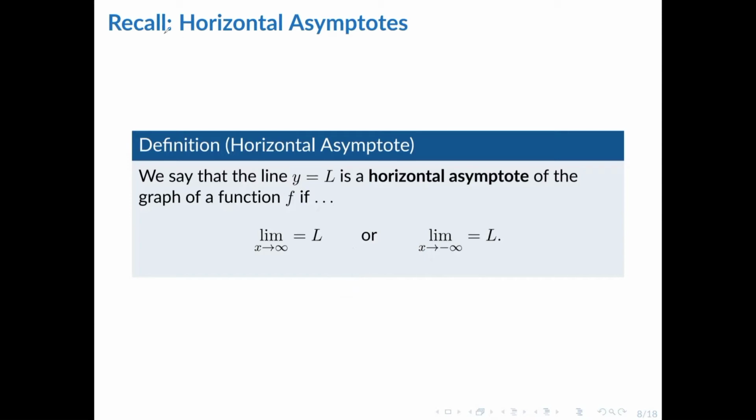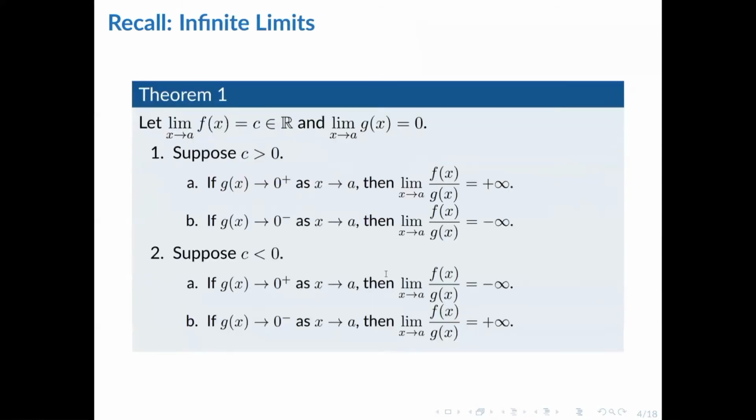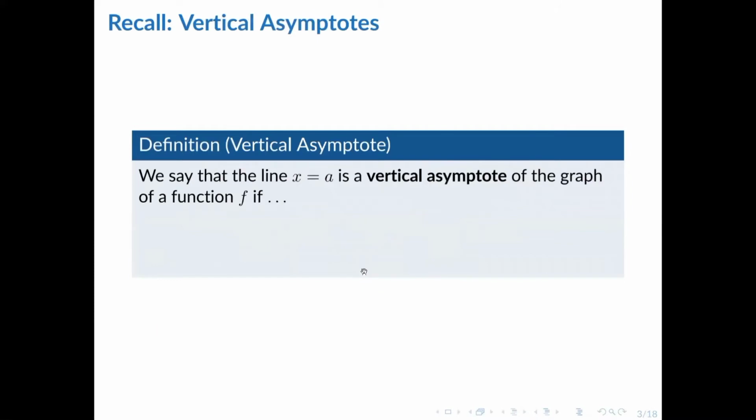Similarly, for vertical asymptotes, you can visualize that using this. For example, this is x and this is y, and there's a value a here.